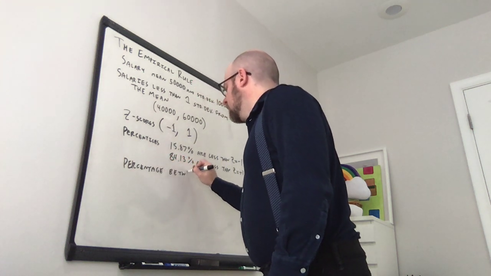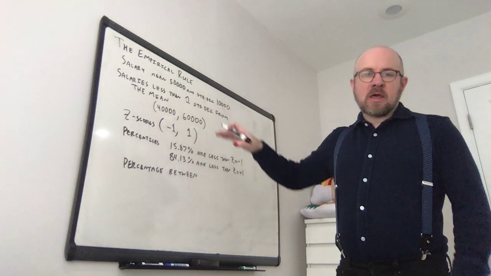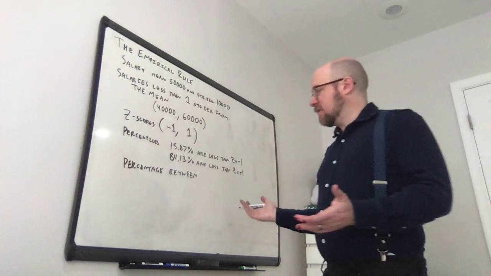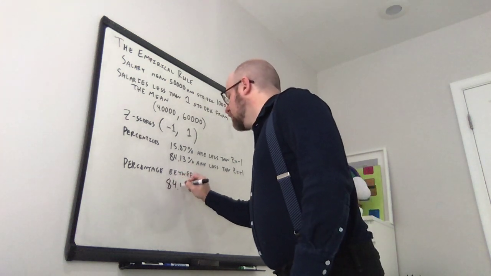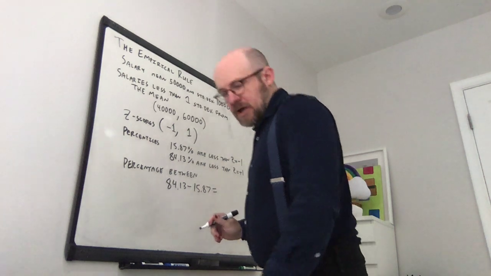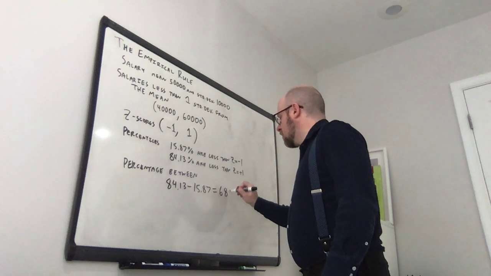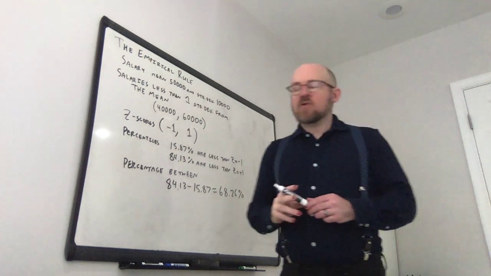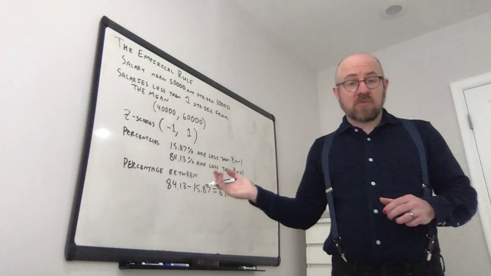Okay? And so the percentage between, in this example, 40,000 and 60,000, but in general, between anything one standard deviation below the mean and one standard deviation above the mean, is going to be 84.13 minus 15.87, which comes out to 68.26%. Nothing about this depends on the particular problem that we're looking at.